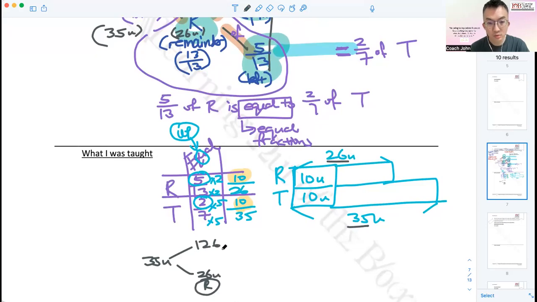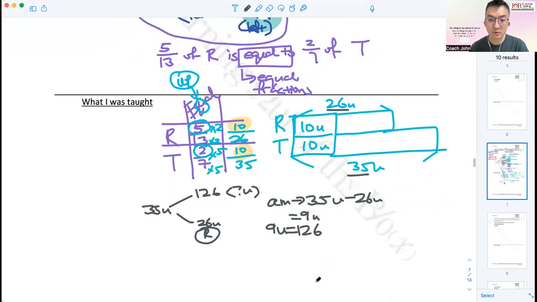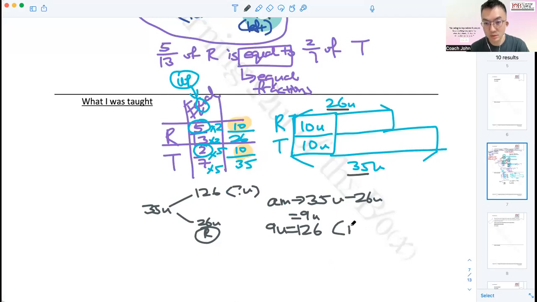Yeah, so how many units? So A is equivalent to 35 minus 26U, which is equal to, okay, come help me out, 9U, and 9U is equal to 126. Okay, so remember, 126 is actually what we call the Mr. number.